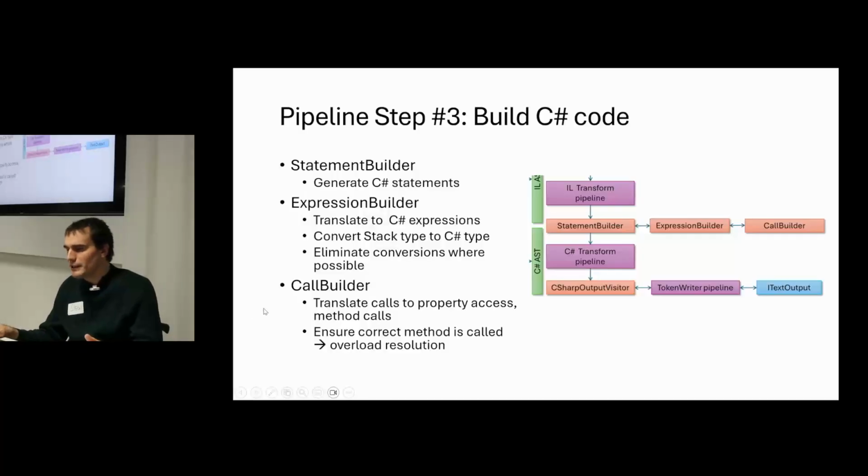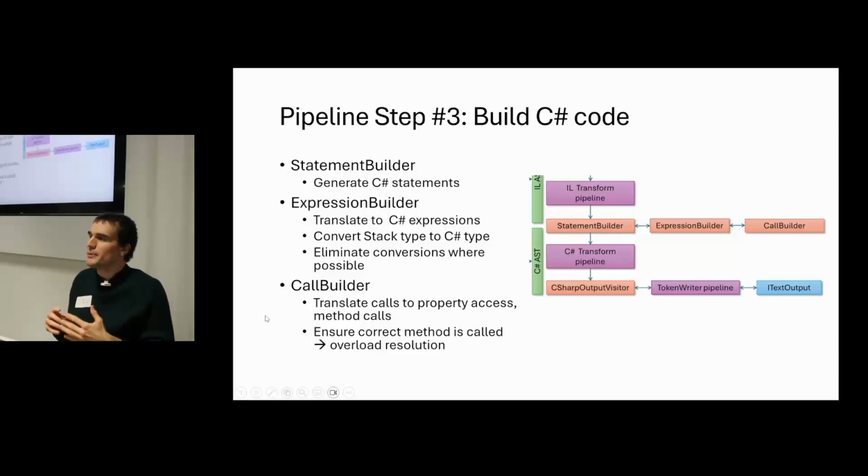And the call builder is basically a special case of the expression builder because, like I said, overload resolution is a complex topic, and I think the most prevalent instruction in C# is, I would say, calls.